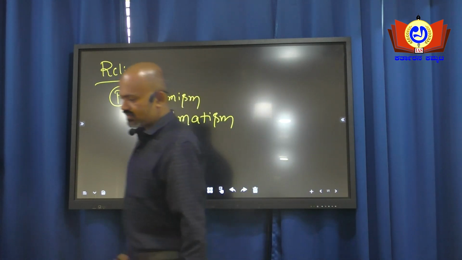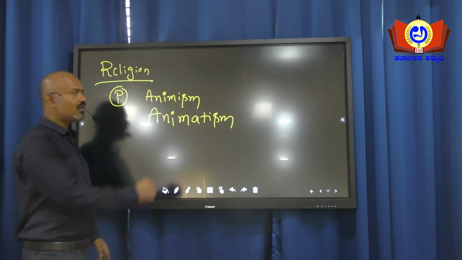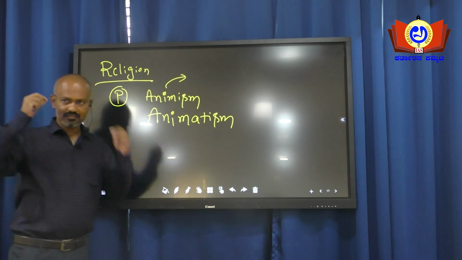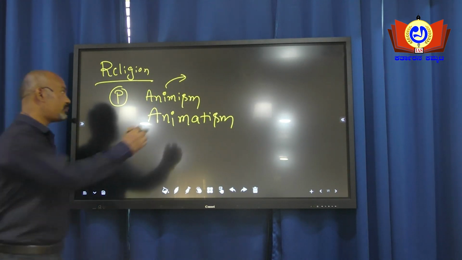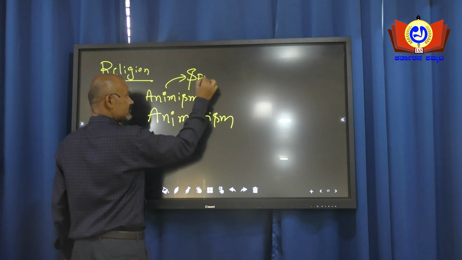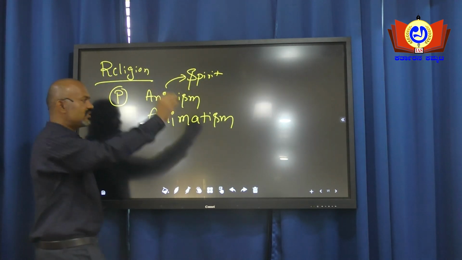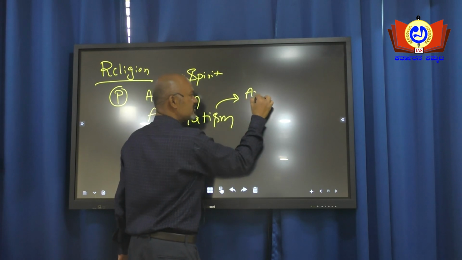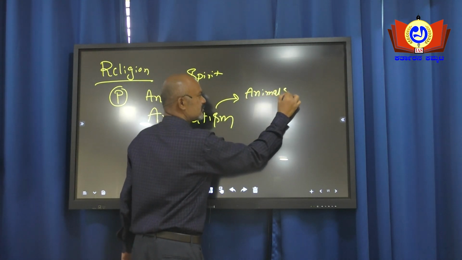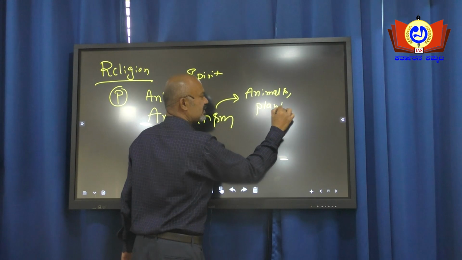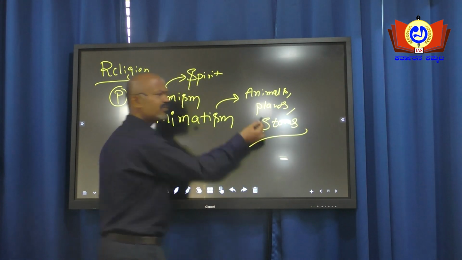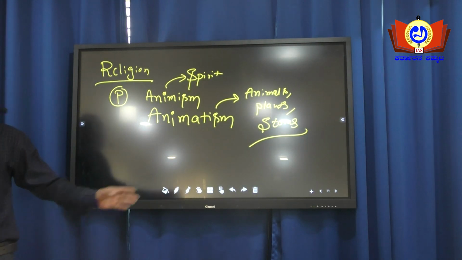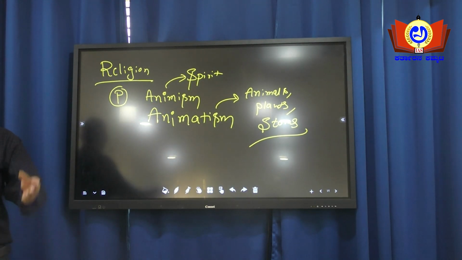Religion is nothing but the worship of spirit, soul. They will tell you atma, soul, and all. The worship of a spirit is known as animism. The worship of animals, plants, trees, stones is different. Stone worship is there, plant worship is there, like the tulsi plant.